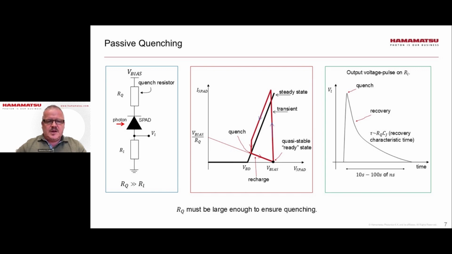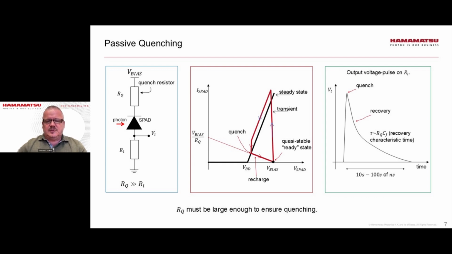However, if in the biasing circuit I insert a quench resistor, and also a load resistor from which I'm going to take the signal, I've created a mechanism where the avalanche in the SPAD is going to be quenched. It is quenched because during the avalanche, a voltage will be deposited on the quench resistor RQ, which will lower the voltage on the SPAD, thus quenching the avalanche.